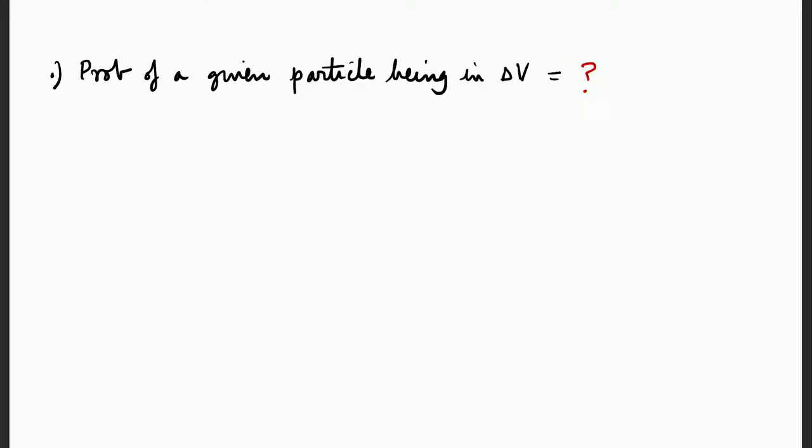What's the answer? So the system is the ideal gas is evolving in time. I pick particle number 1 and I ask, what's the probability I find it in delta V? No, I have given a delta V. What is the probability?